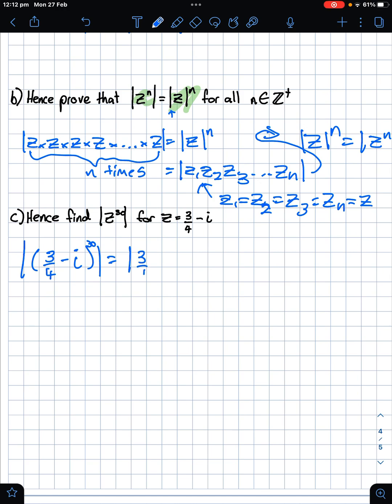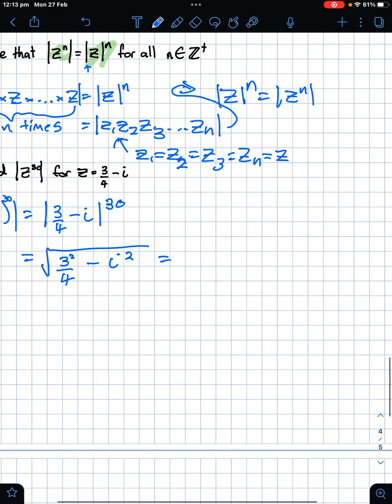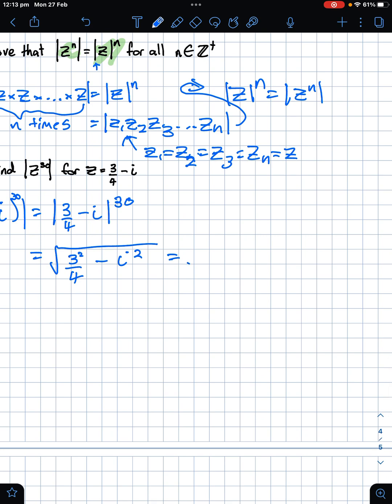The modulus of this is going to be the square root of 3 squared over 4 squared, plus, sorry, that should have had brackets around it, 9 over 16 plus negative 1 squared.